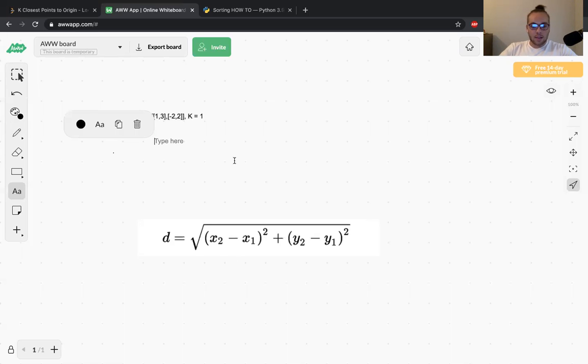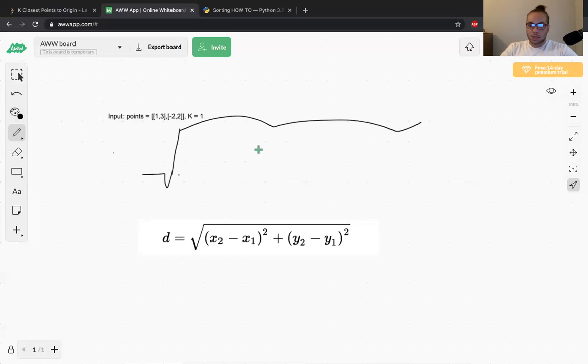So let me just draw this out. Here we have the square root sign. I've never been good at drawing straight lines. So here we have 1 minus 0.